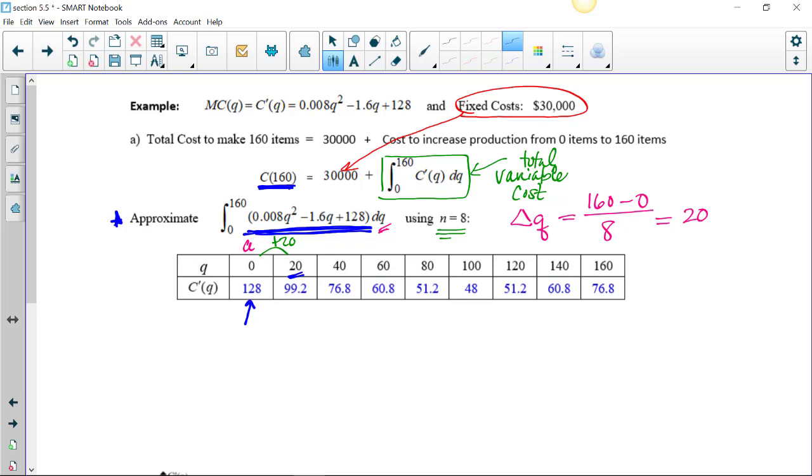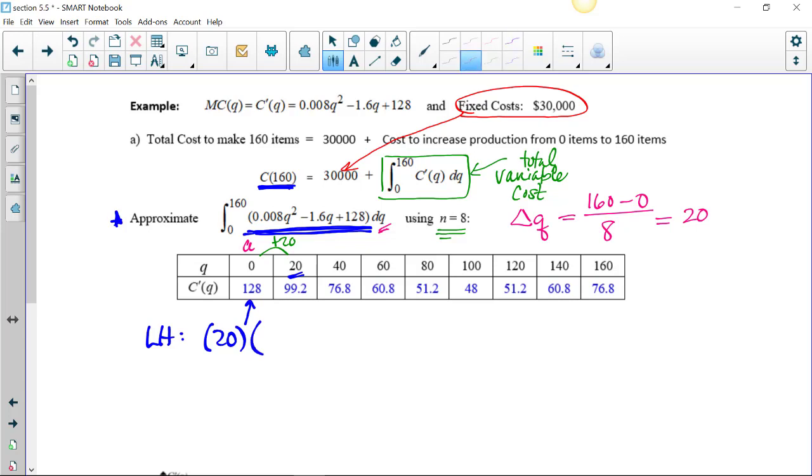Okay, so what we can do then is do our left-hand sum and our right-hand sum and then average those. So this is a review, so I'm going to go through it fairly quickly. So the width of each rectangle is 20.